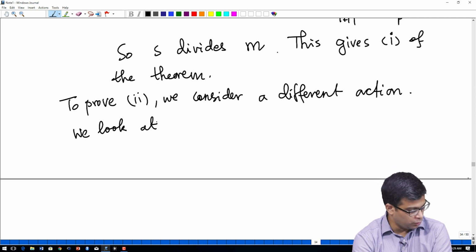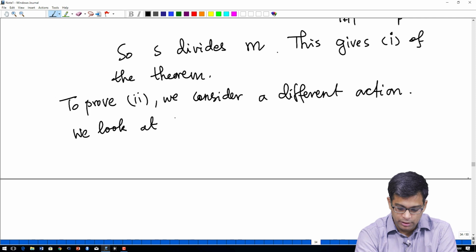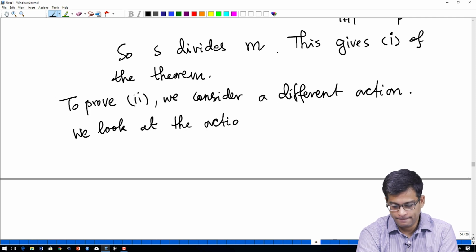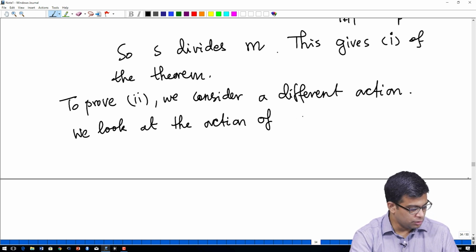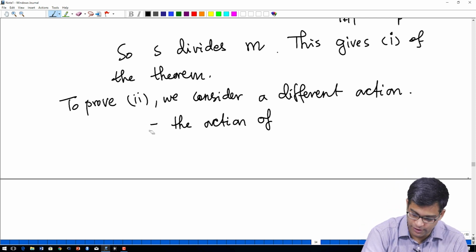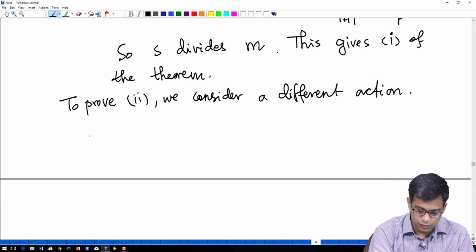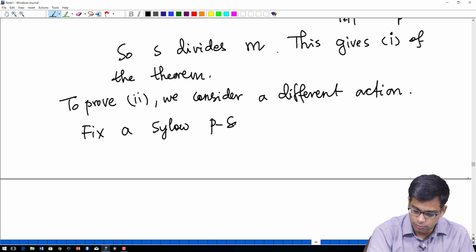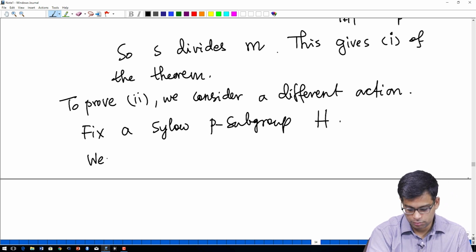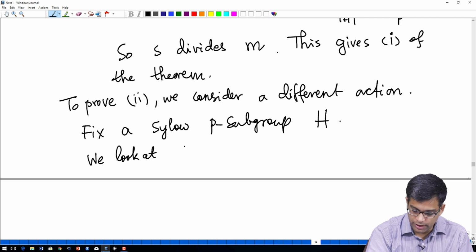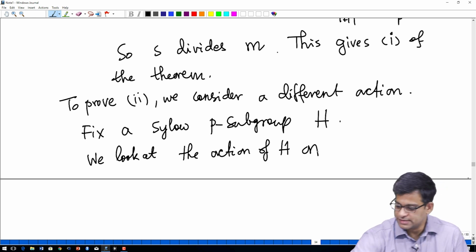To prove statement 2, I will look at the action of H. So, we fix a Sylow P subgroup, call it H, and we look at the action of H on the same set as above.